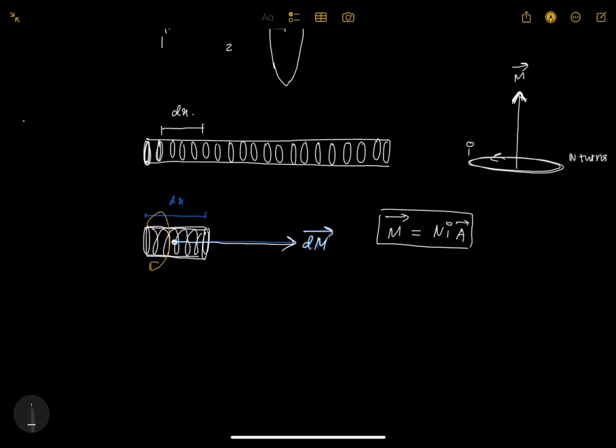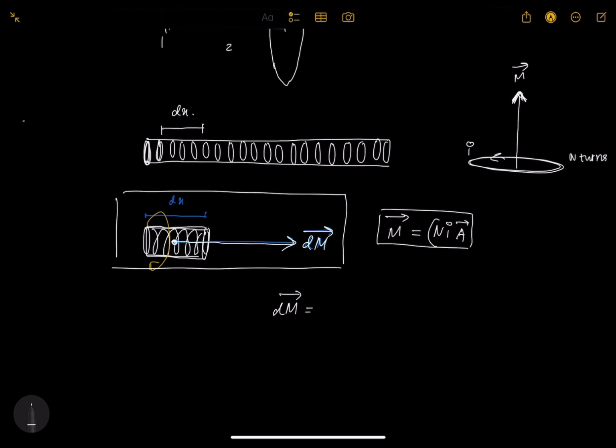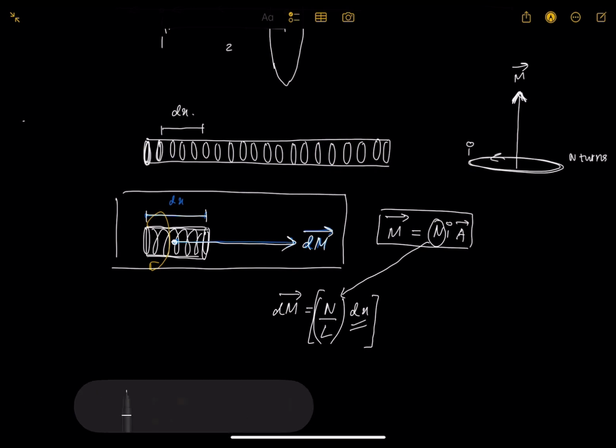So in case of our scenario that we've assumed, the differential magnetic moment vector is going to be given by the total number of turns that is constituted within this dx length. And that would be given by the total number of turns divided by the length, times dx. I hope you understand what we just did. N over L basically signifies the total number of turns per unit length, and we multiplied that by the length that we're considering.